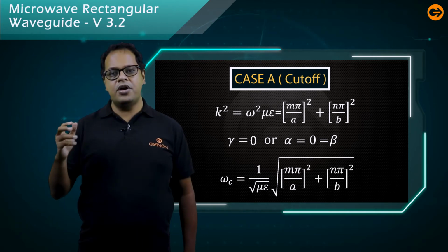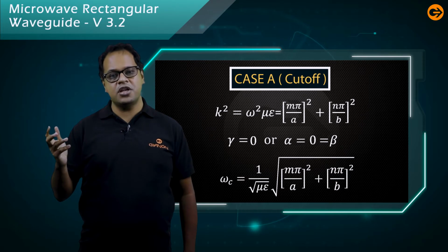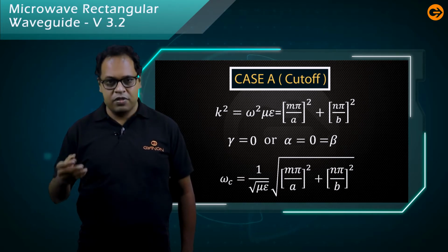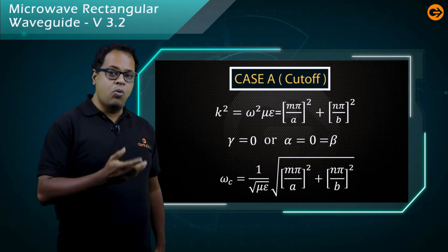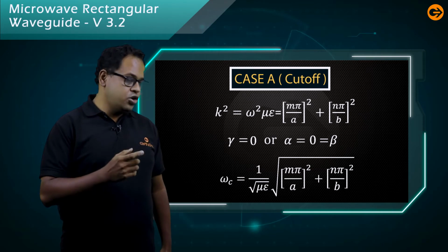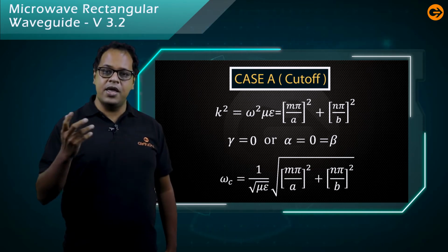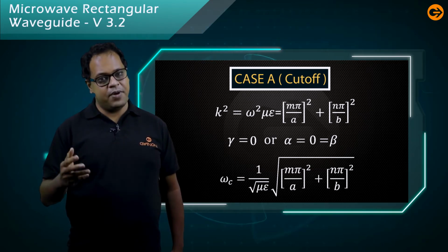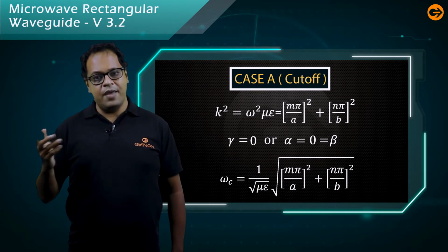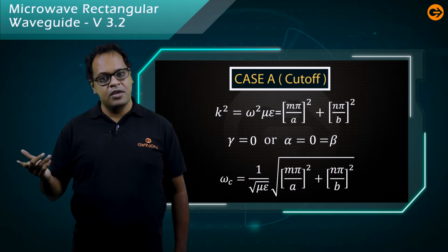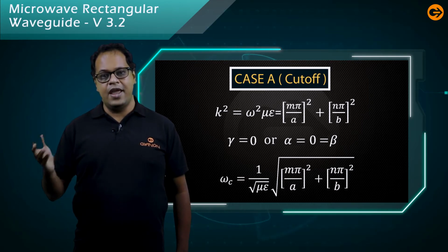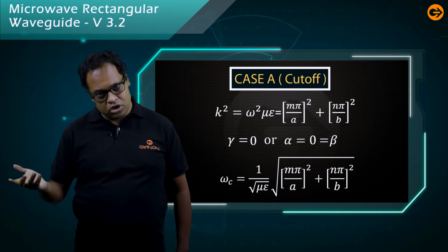And from the class 12 concept, you are already aware that omega c is equal to 2 pi f. So fc is equal to 1 by 2 root over mu epsilon into root over (m pi by a) square plus (n pi by b) square. Now, what are mu and epsilon in the case of air? In the case of air, mu is equal to mu naught and epsilon is equal to epsilon naught.